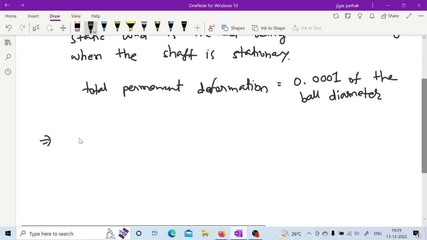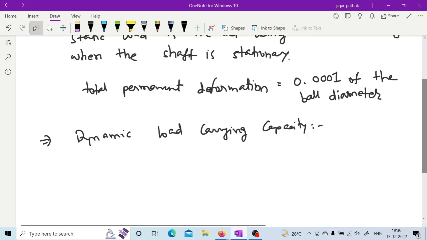Whenever a radial load bearing is there, the capacity of the bearing is defined as the radial load in the radial bearing that can be carried for a minimum life of 1 million revolutions.